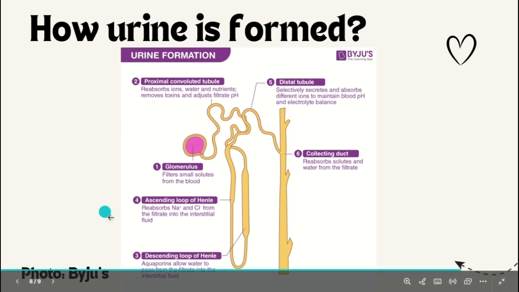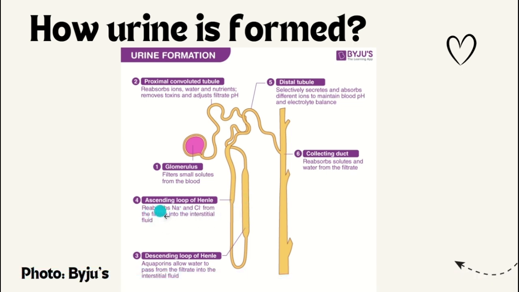basically aquaporins allow water to pass from the filtrate into the interstitial fluid, right? So that's going to happen, and then the ascending loop of Henle is going to reabsorb sodium and chloride from the filtrate into the interstitial fluid.